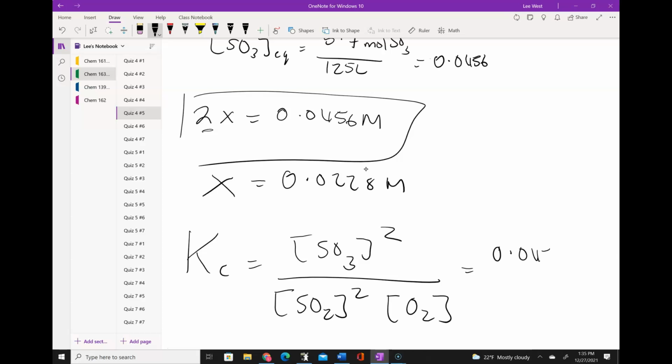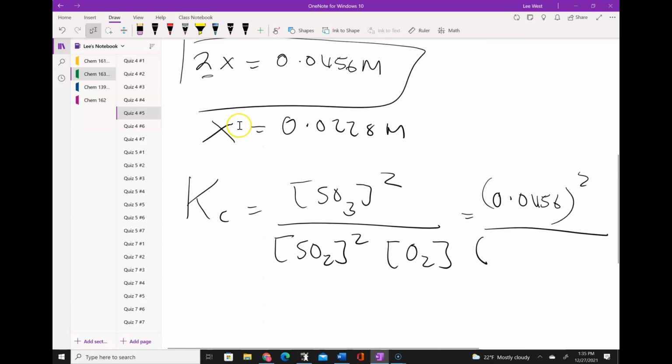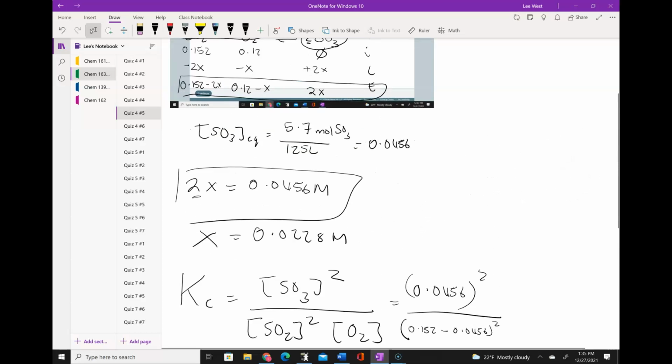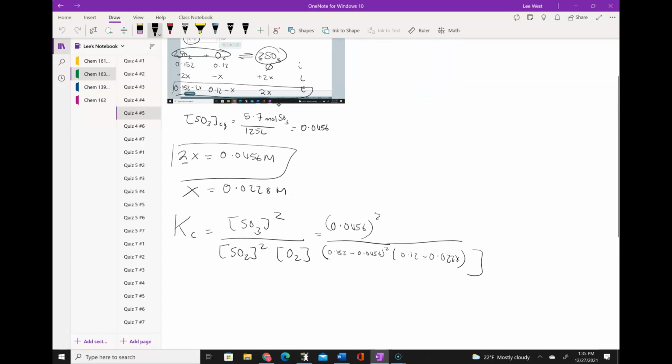So 0.0456 squared. And then the concentration of SO2, that was 0.152 minus 2x, and that has to be squared. And then the concentration of O2 is 0.12 minus 1x, and x is 0.0228. Now you want to make sure you put that whole bottom line in parentheses.